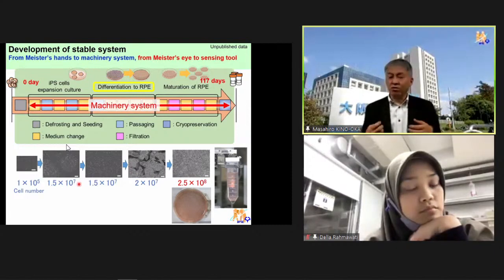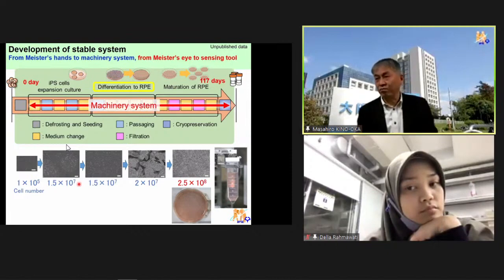So for the clinical application, that's a very big issue. That's why we have to prepare the good cells during the upstream, during the growing. We don't want to prepare the bad cells. Can you imagine?